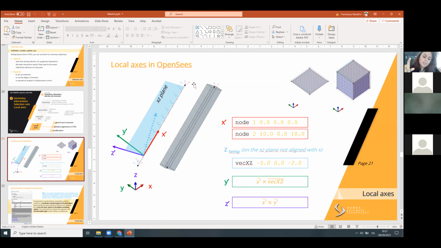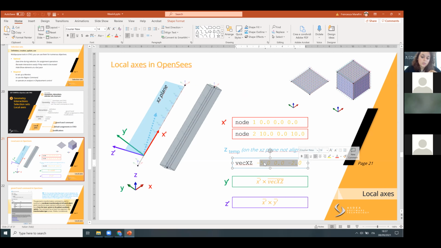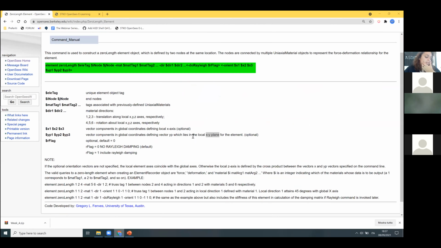Does that clarify your problem or not? Yeah. Okay, so this can be any coordinates. It does not need to be unit coordinates or anything. I'm sure it works the same for the zero length because it's like that in the geometric transformation.